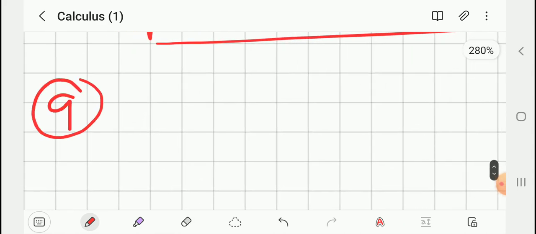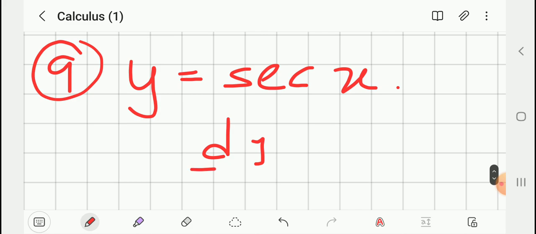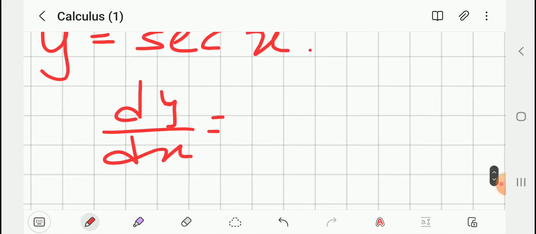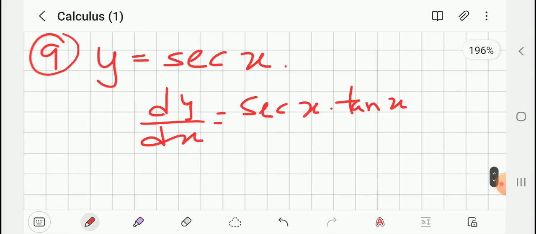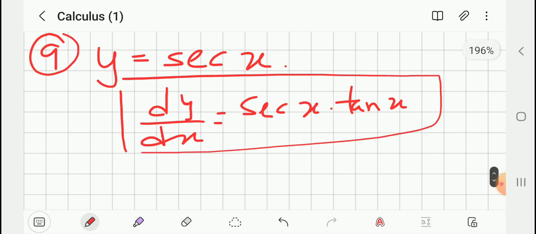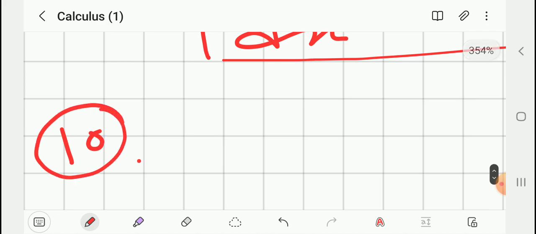Next formula, when y is equal to sec x, dy by dx will be equal to sec x into tan x. Note this down.